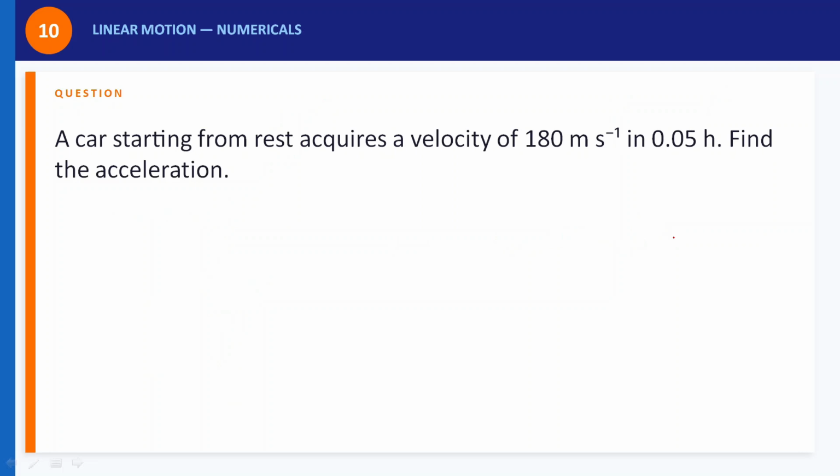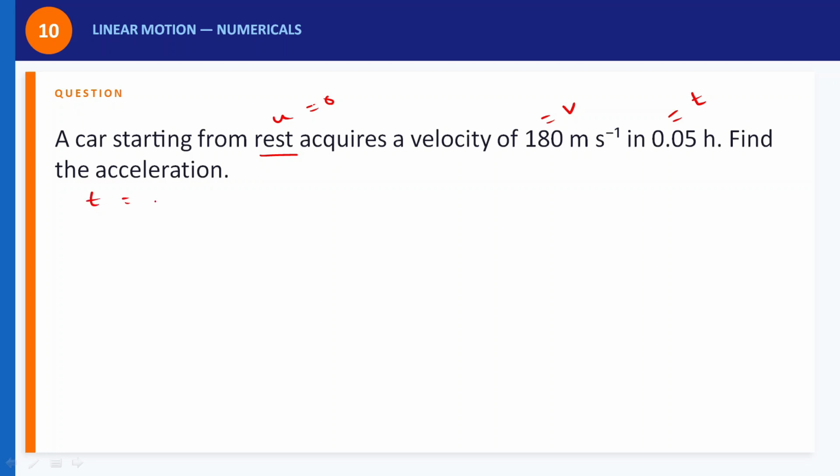A car starts from rest, acquires velocity of 180 meter per second in 0.05 hour. Find the acceleration. Again here said rest, initial velocity 0. 180 is a final velocity. Time given 0.05 hours. So first I will take the time.